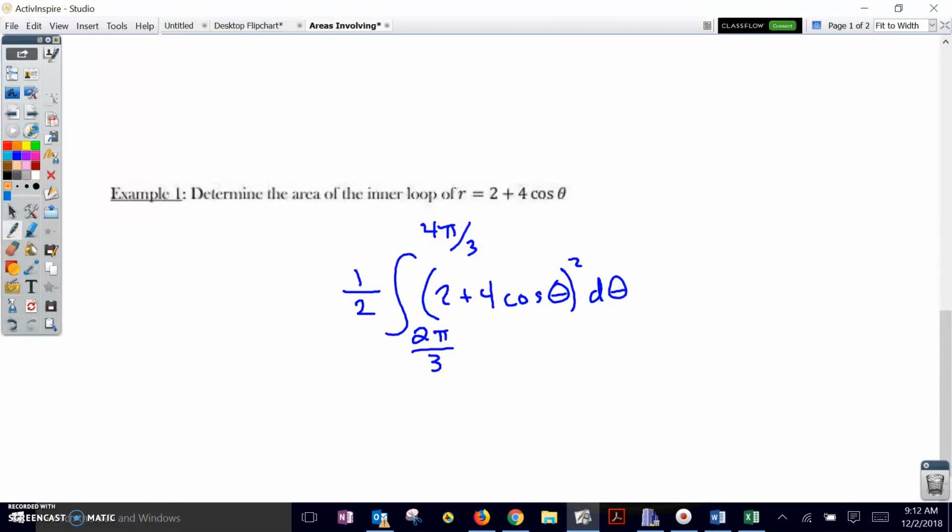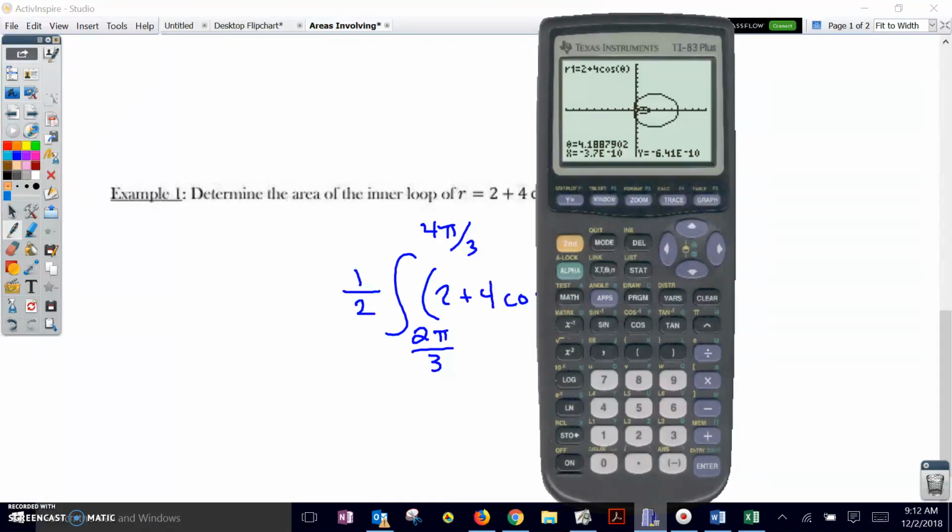Okay, and if you have trouble going from those approximations, one thing that you can do is just take that value that you get, 4.1887902, and divide it by pi.